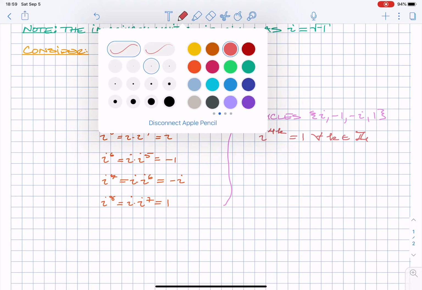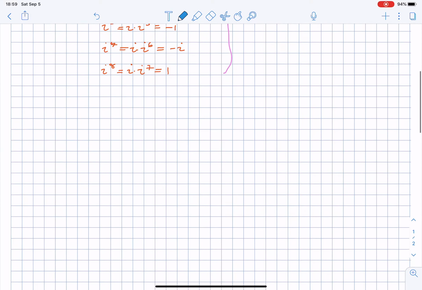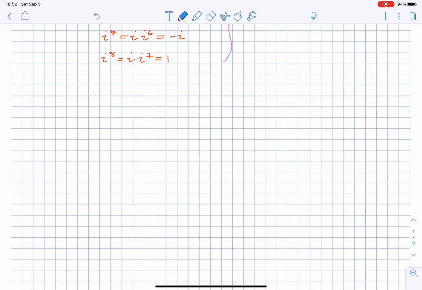Okay, so definition. A complex number, that's what we're going to define.